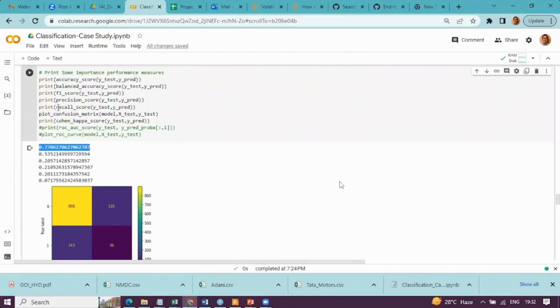So we could see here the recall value is our fifth value, which is 20.11. Sometimes rather than looking at the overall accuracy of the model, I might be more interested in looking at the recall value. Out of the defaulters, how many of them have been identified?